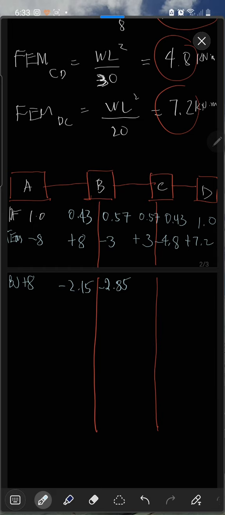Then change the sign, we have positive 1.03. 3 minus 4.8, negative 1.8 multiplied by 0.43, negative 0.77. Then change the sign, we have positive 0.77. Then 7.2 times 1 is still 7.2. Change the sign, negative 7.2.